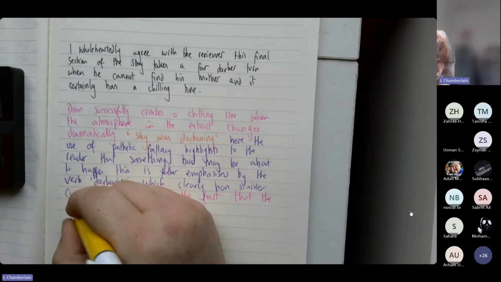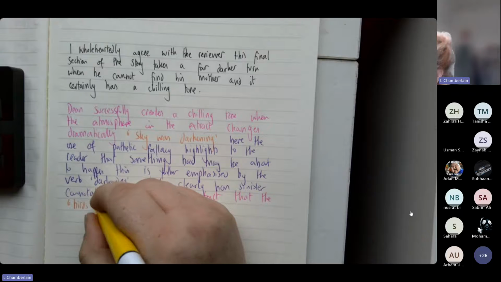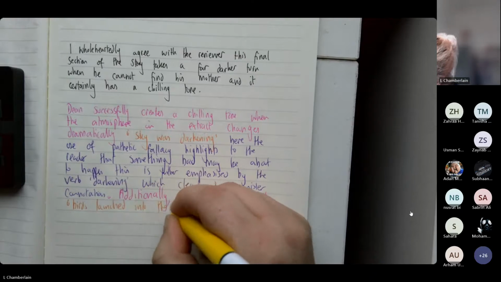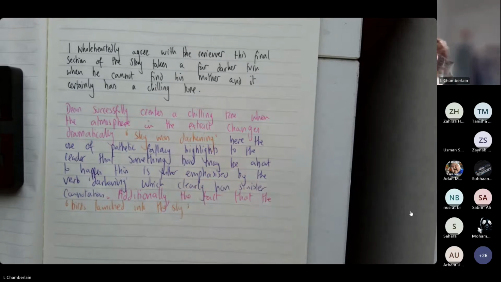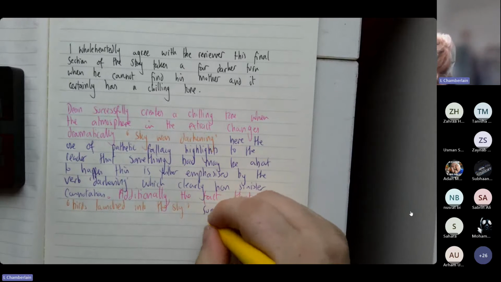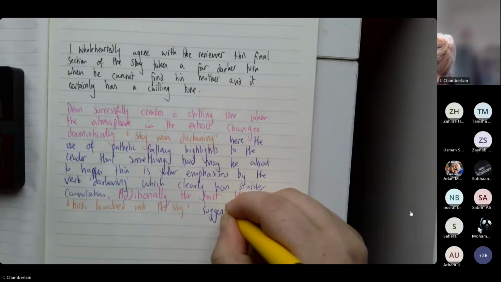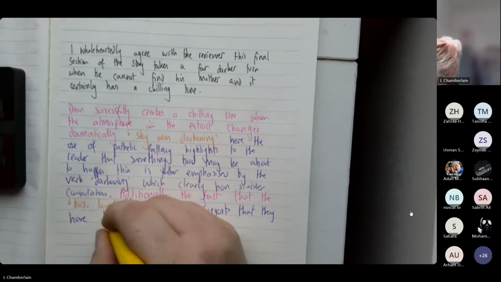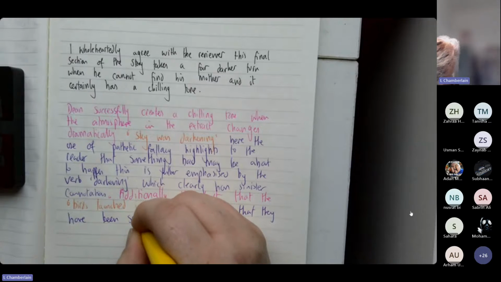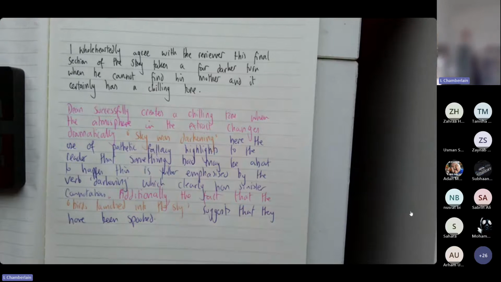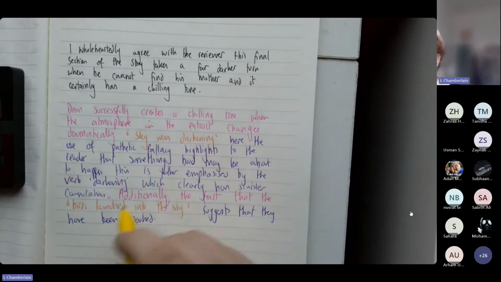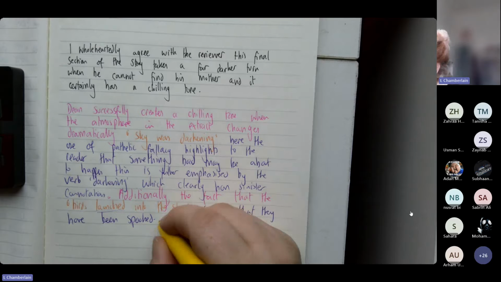Additionally, the fact that the birds launched into the sky suggests that they have been spooked. Now, it's not enough to just leave it at that. I still have language within this quotation that I want to look at. And here, that most obvious word to me would be launched.